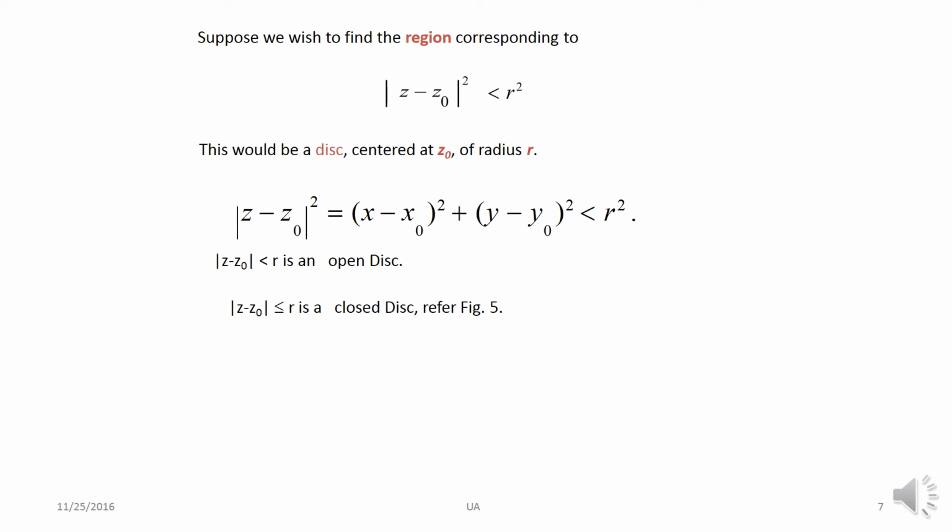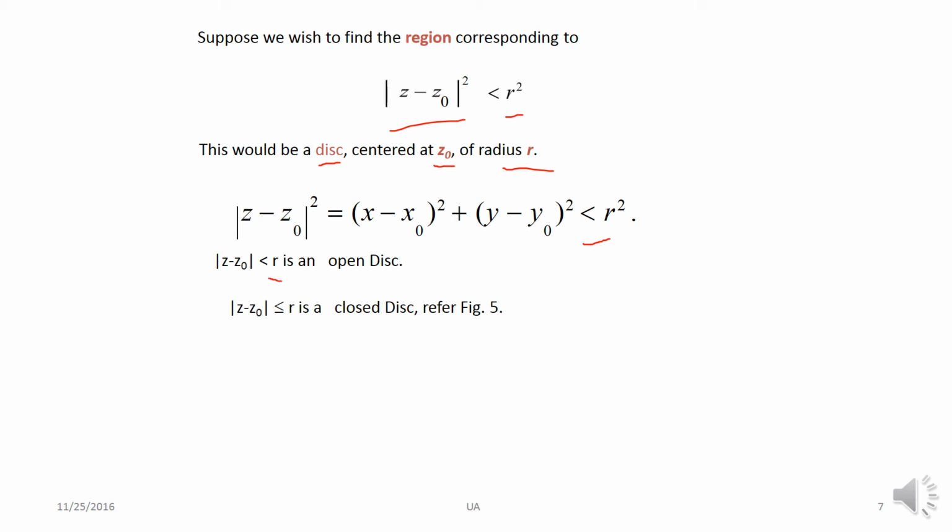So we see that mod z minus z0 whole square is less than r square. This would be a disk centered at z0 of radius r. In terms of x0 y0, mod z minus z0 square is equal to (x minus x0) square plus (y minus y0) square, which is less than r square.